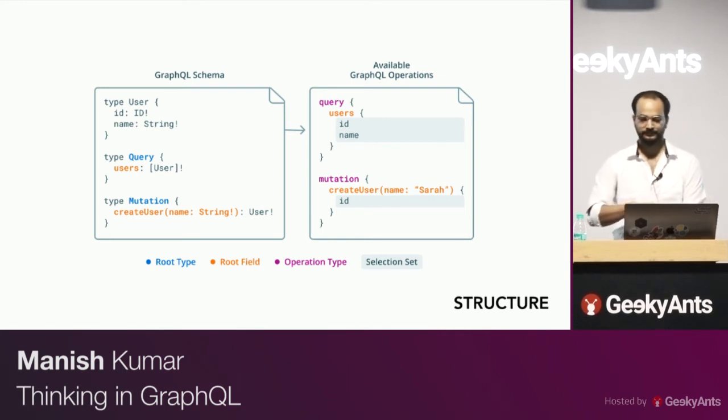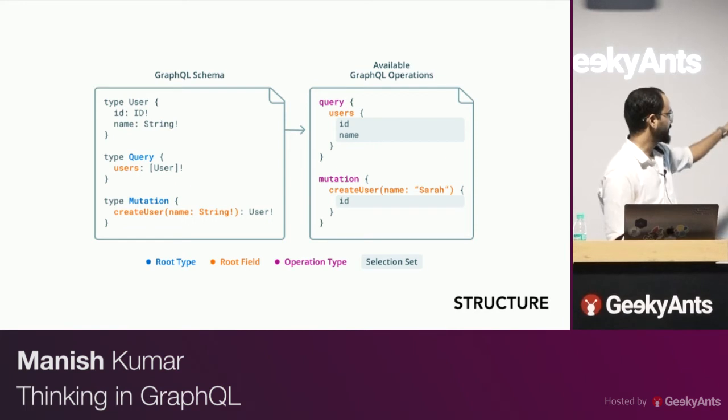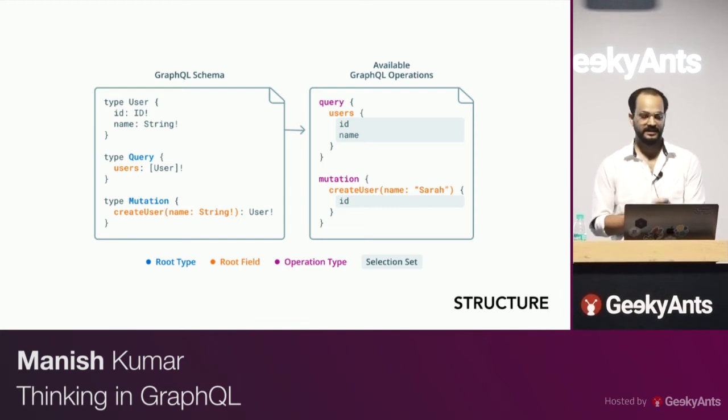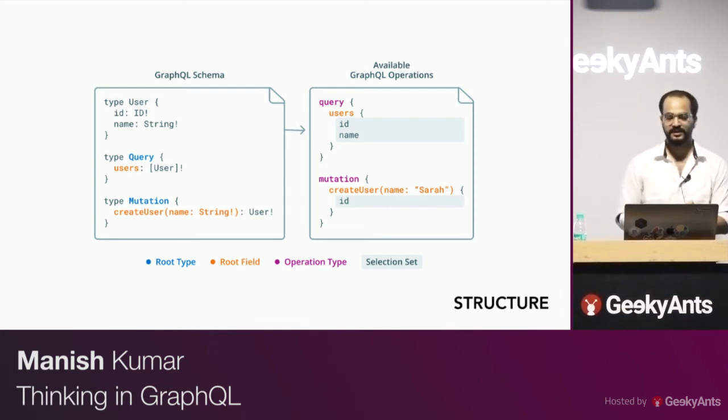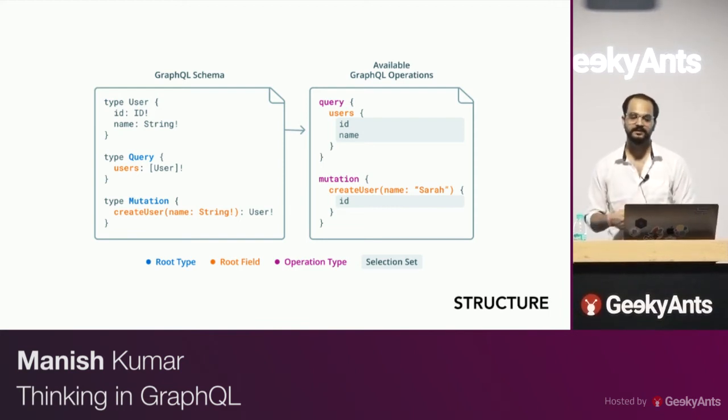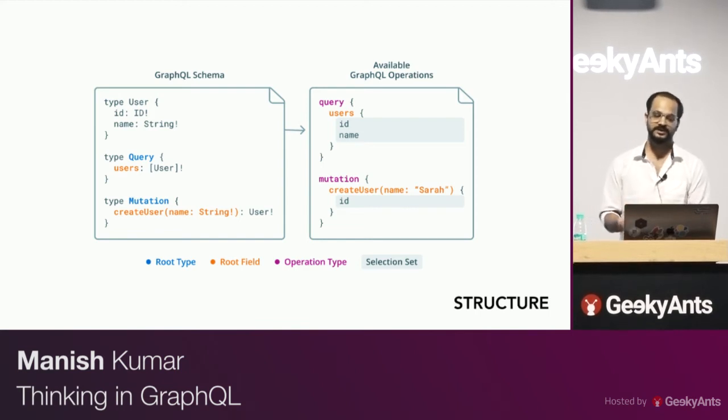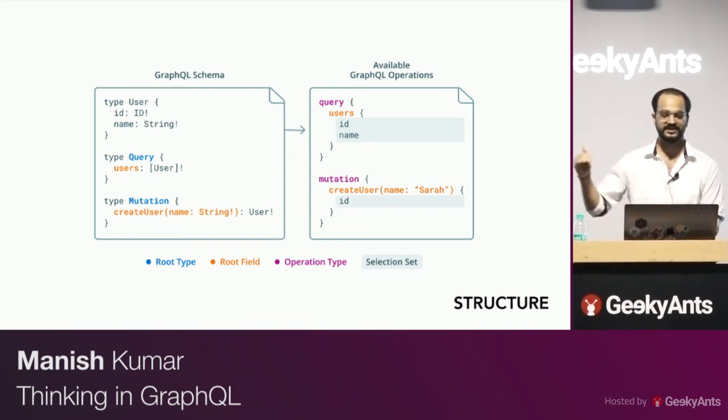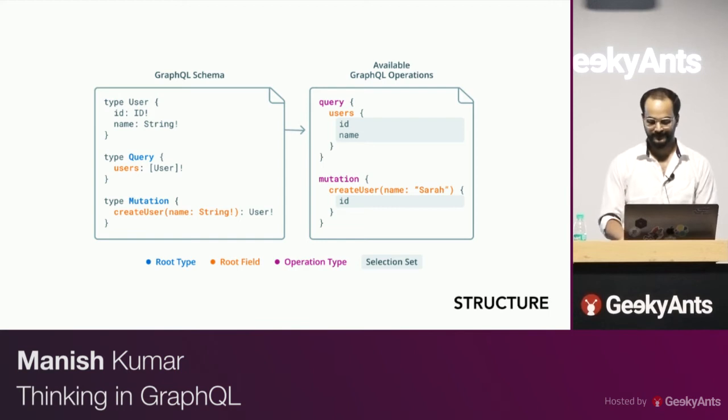And once you provide a schema like this, the available options that you get on the front end are query and mutation, where you can query for users and again do a mutation like create user with the selection set of these 2 things.